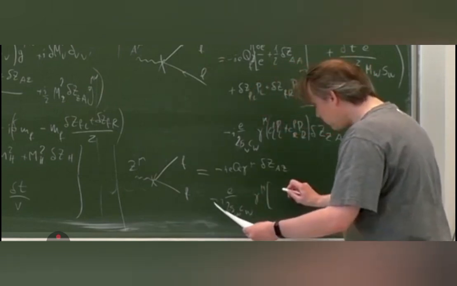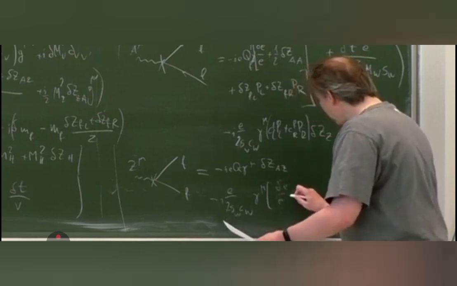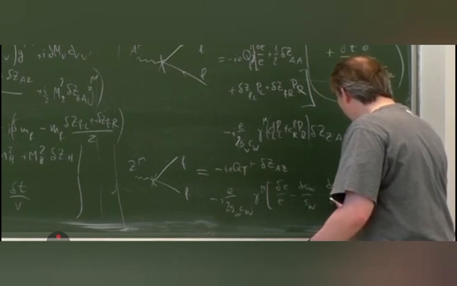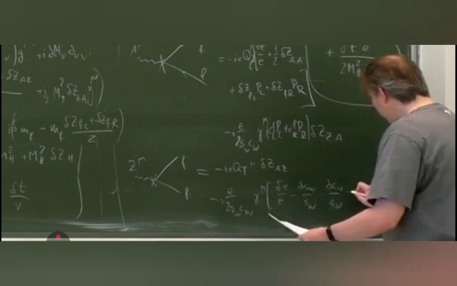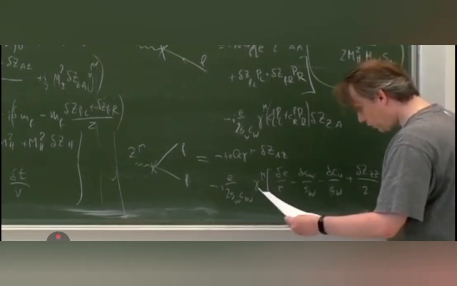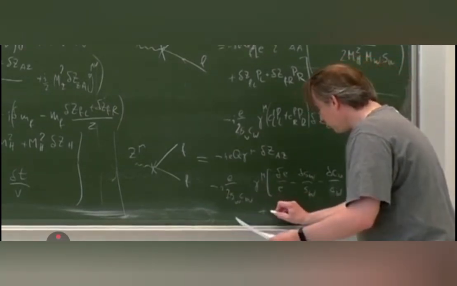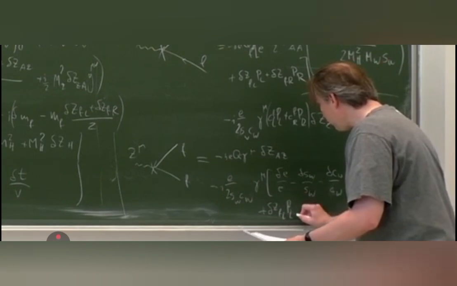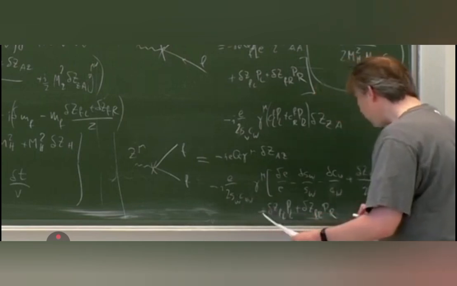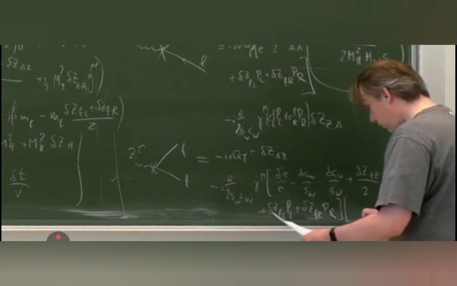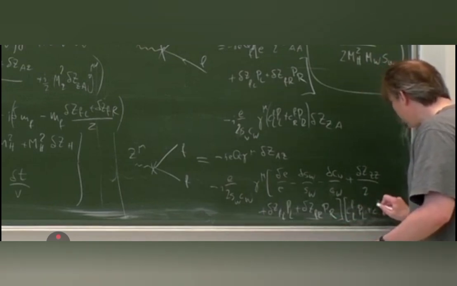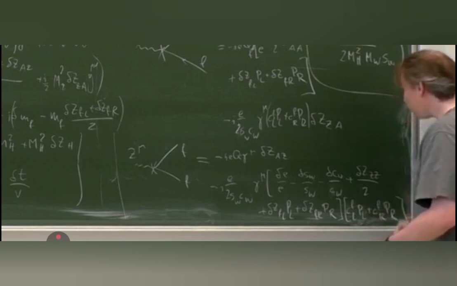So we get delta e over e minus delta s_W over s_W minus delta c_W over c_W plus delta Z_ZZ over 2, then plus delta Z_FL times P_left plus delta Z_FR times P_right, and all of that is multiplied with the tree-level coupling combination C_FL P_left plus C_FR P_right. That's it.